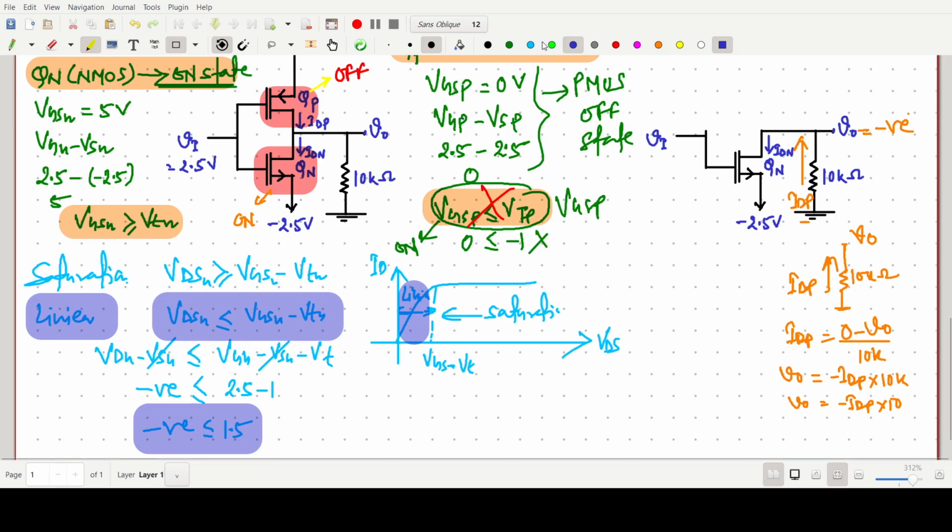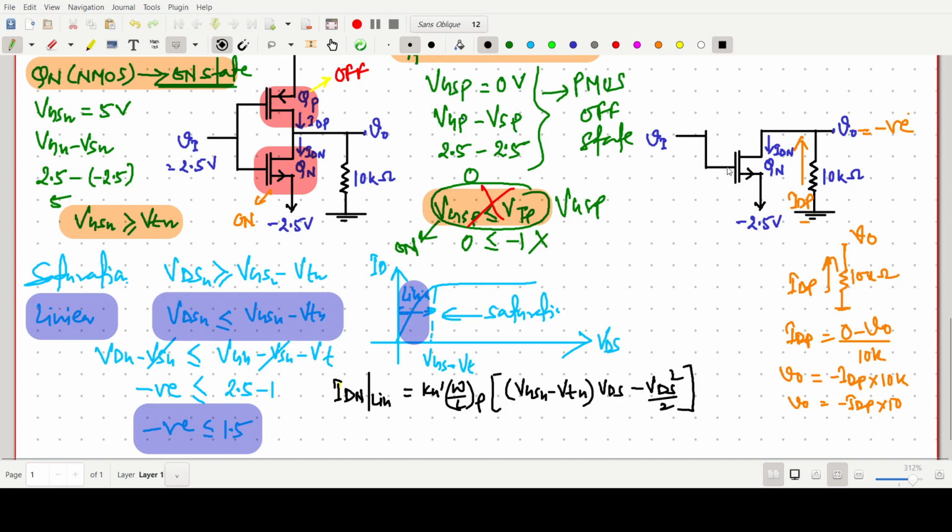Now we have to write the drain current equation in the linear region for the NMOS transistor. This is a very good problem. So IDN in the linear region equals K_n dash W by L, there is no need to write by 2, then VGSN minus VTN, VDS minus VDS square by 2.